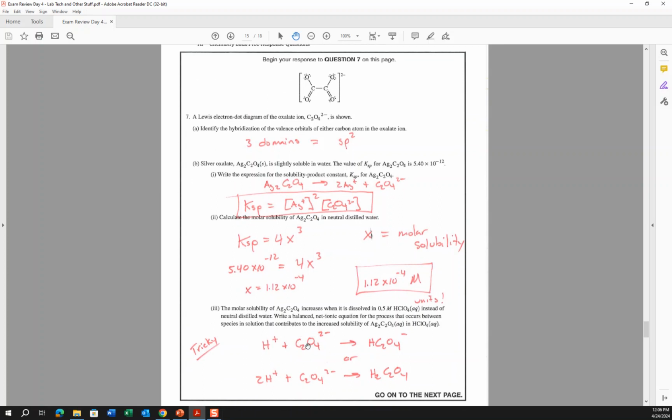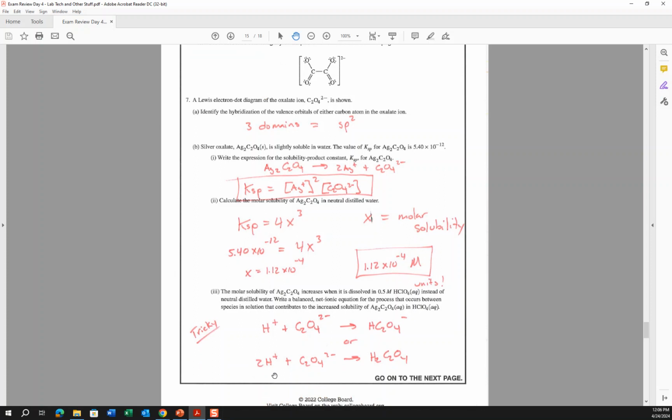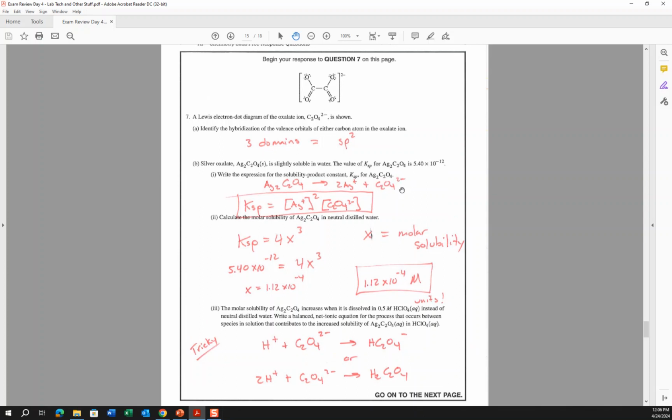You could say H plus and an oxalate give you HC2O4 minus, or you could say 2 H pluses and an oxalate give you oxalic acid, H2C2O4. Okay, but that's the reaction that's happening. That's taking out the oxalate ion, so it's lowering this concentration, causing this process to shift to the right, meaning more of the solid has to dissolve, meaning the salt is becoming more soluble.